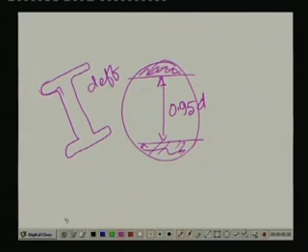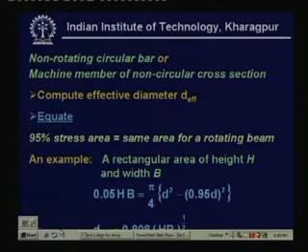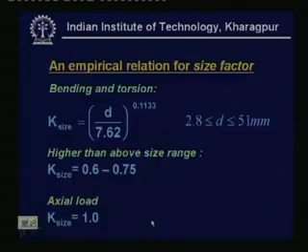However, from the experience of a designer, one can find out this K size without going through such formulas. Roughly, one can start a design with values of K size depending upon the sizes: the larger the size, the lesser the value of K size.